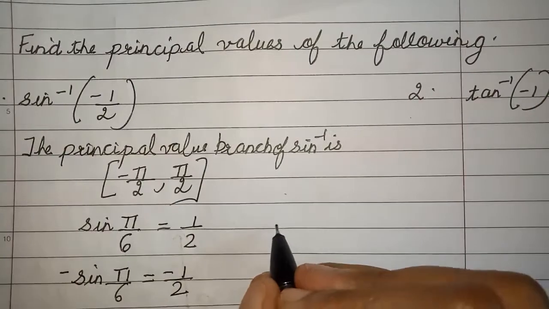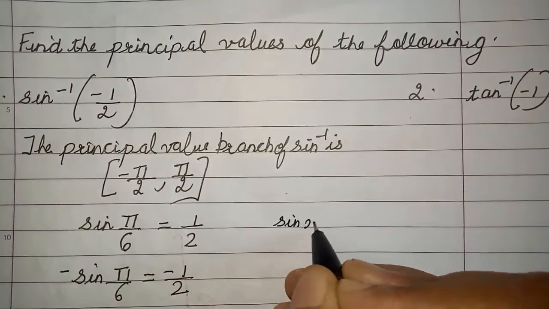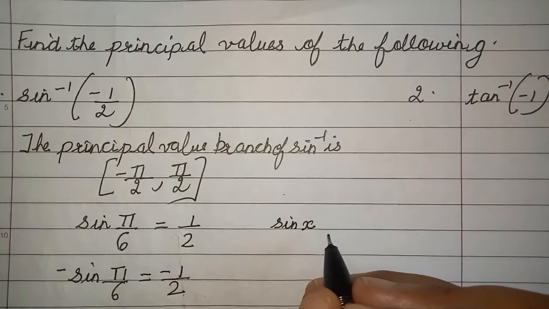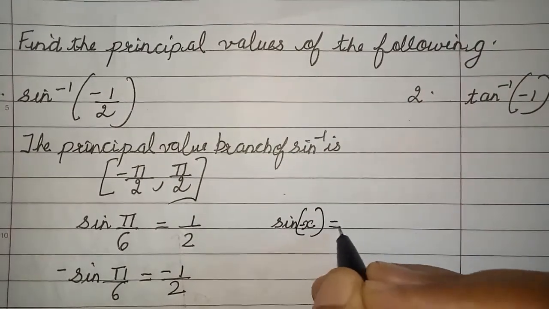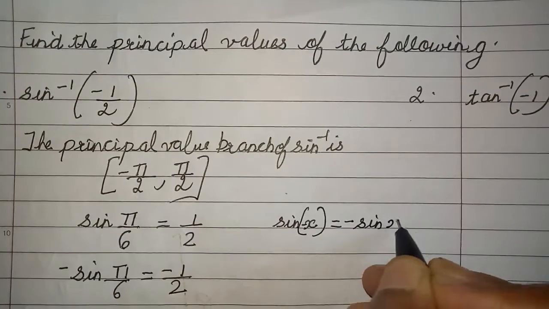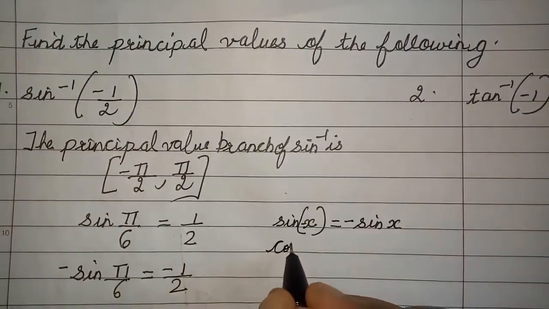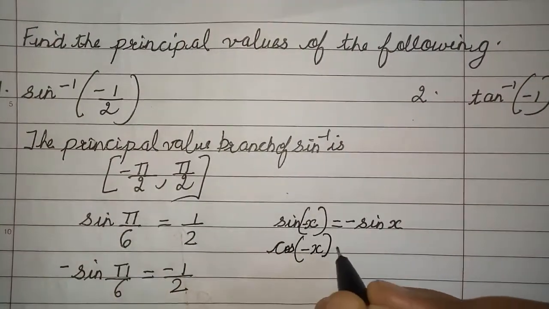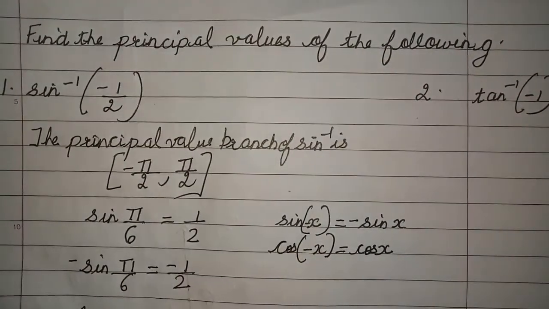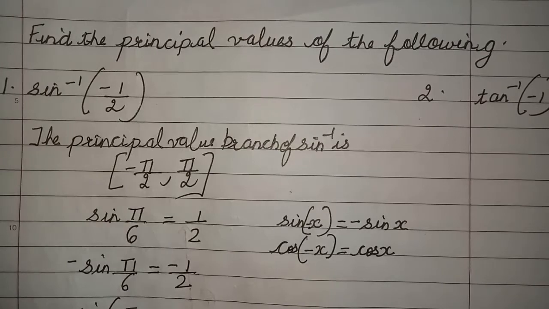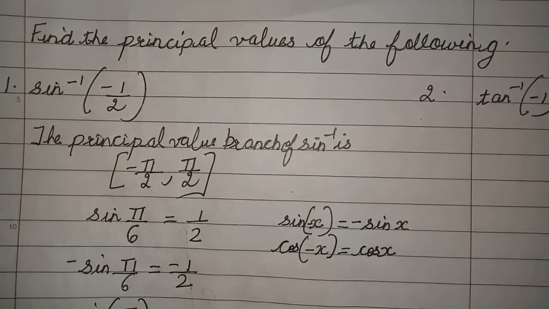So let us use some results of last year. Children, you know that sine is an odd function. So sine of minus x will be the same as minus sine x. Similarly, cos is an even function. Cos of minus x is the same as cos x. So here minus sine x will be the same as sine of minus pi by 6, which is minus half.